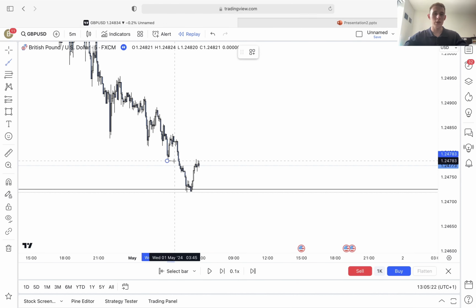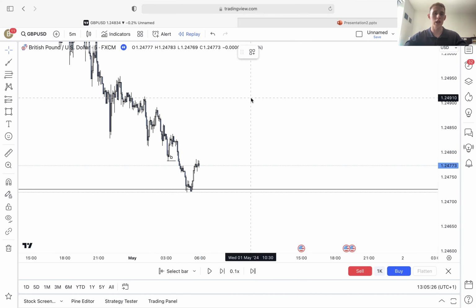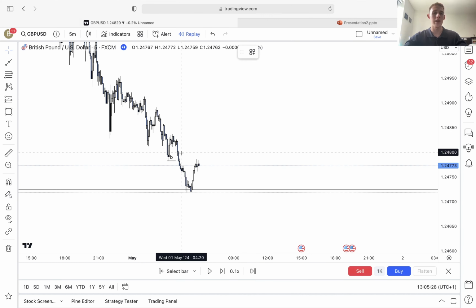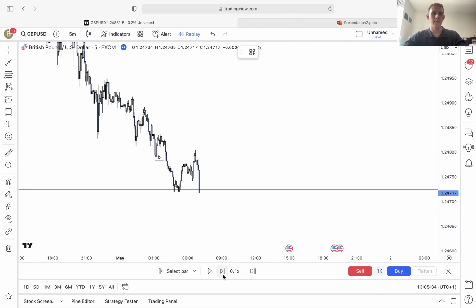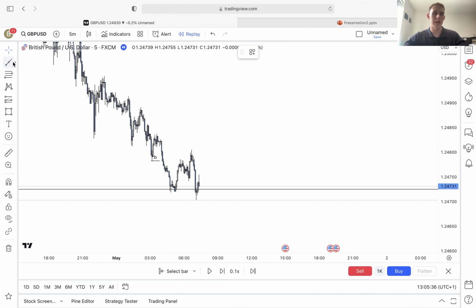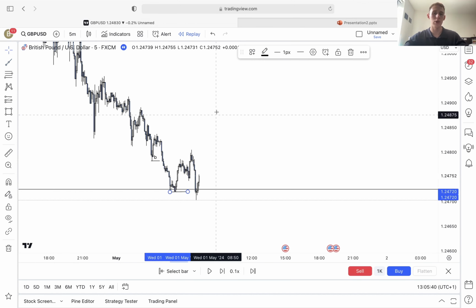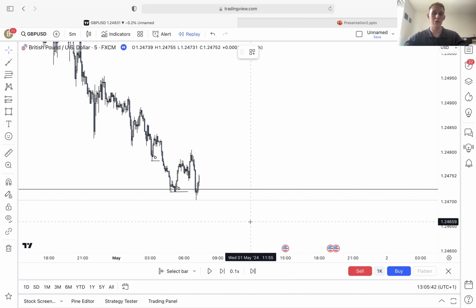So marking on the most recent structure, we've had this as a break of structure because price pulled back. We then had that push down, breaking past the low, forming a lower low. And then once again, just here, we had a pullback, price then pushed down, breaking the low.